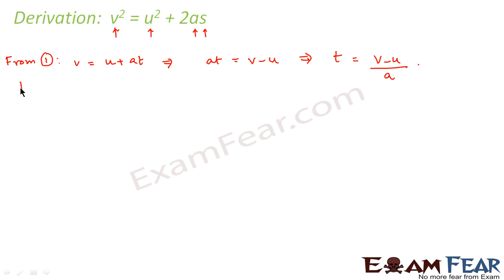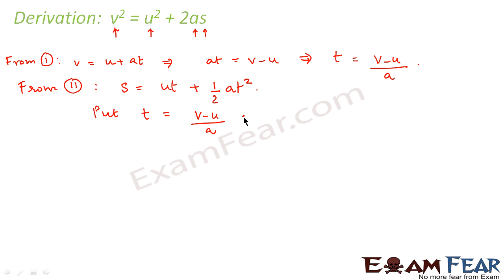Now from second equation, we found s is equal to ut plus half at square. Correct? Now what we will do is, we will put the value of t is equal to v minus u by a in equation 2.